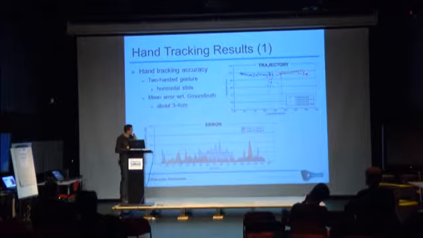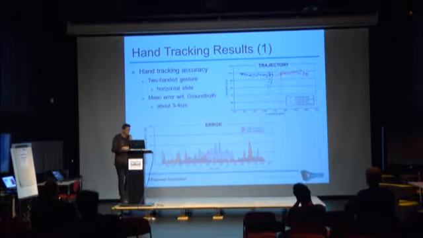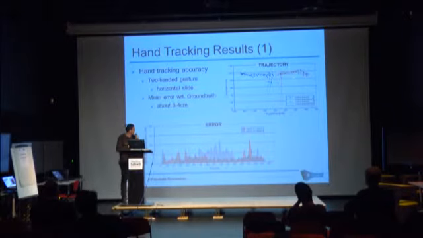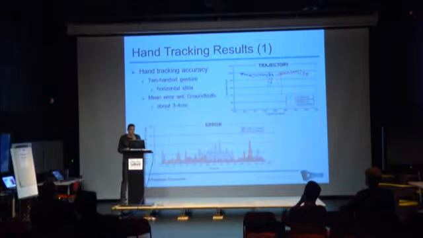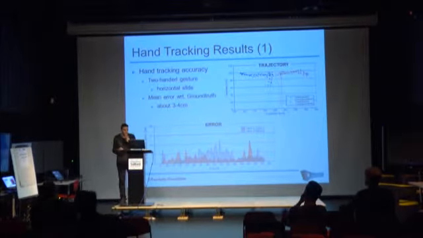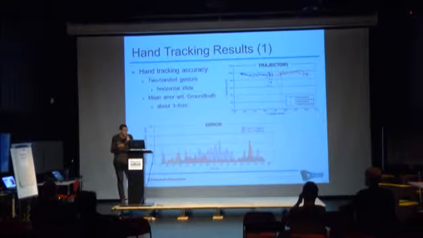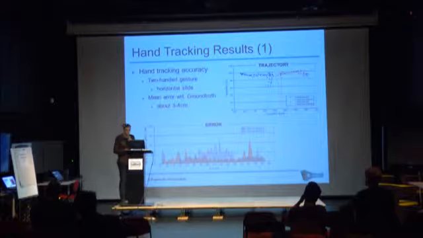The straight line is the ground truth, and the points are the locations where the algorithm is saying that the hand is located. So it's more or less following it. And here, over time, you can see the error. We found out that it has an error of about 3 to 4 centimeters, which for the size of the hand, again, is enough for our application.